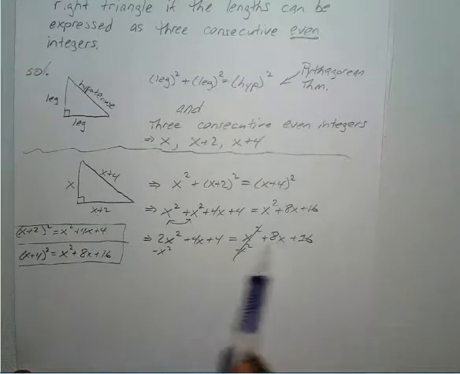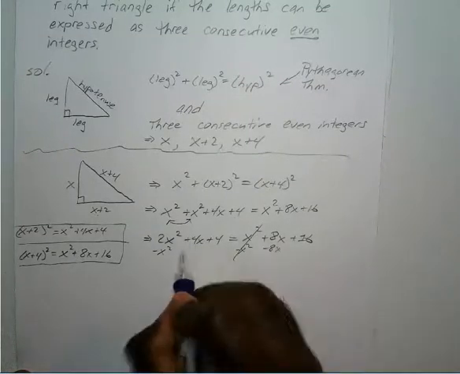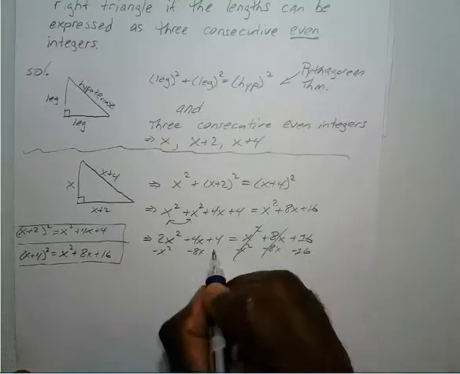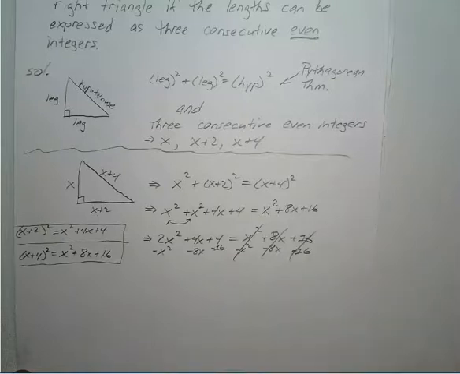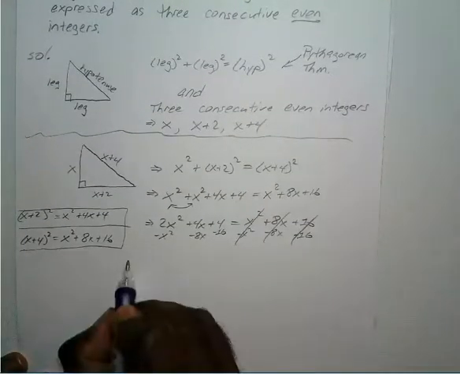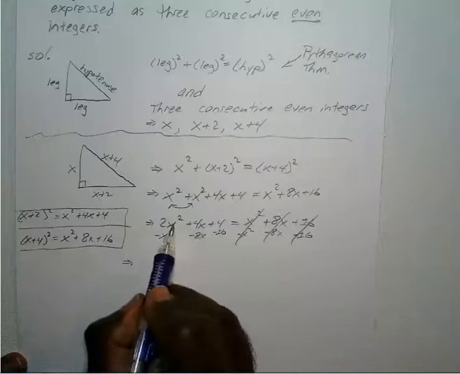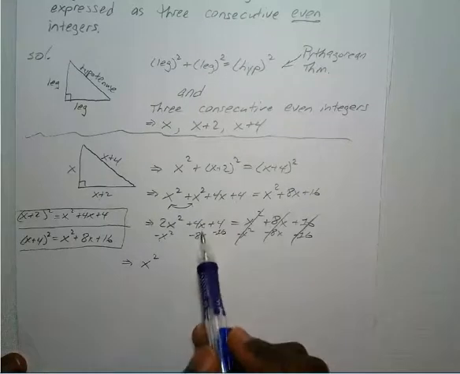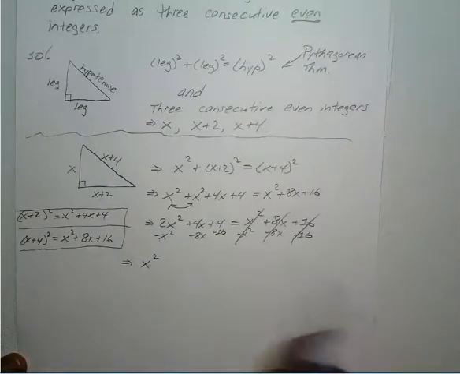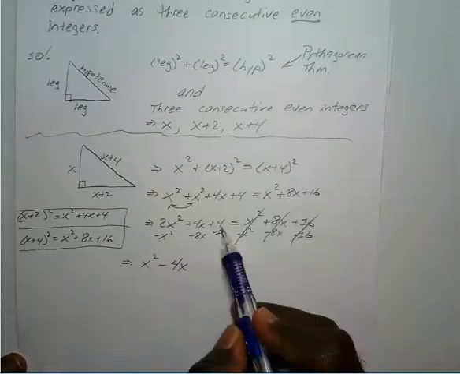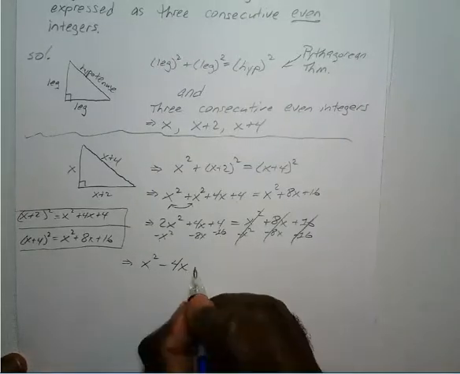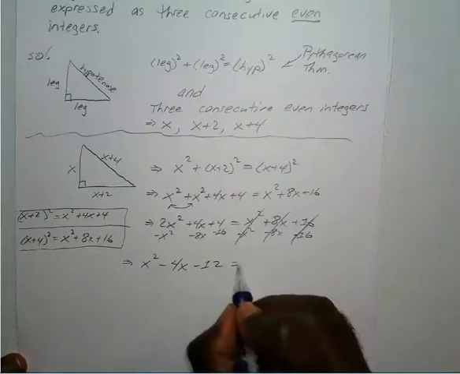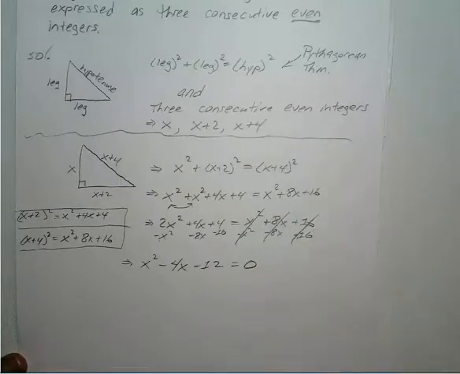And we can subtract 8x from both sides, where that cancels out. And we can subtract 16 from both sides, where that cancels out. So that gives us 2x squared minus 1x squared is x squared. Positive 4x, negative 8x gives us negative 4x. And positive 4 minus 16 gives us negative 12. Since everything subtracted on this side cancels out, that equals 0, because you have 0 plus 0 plus 0.